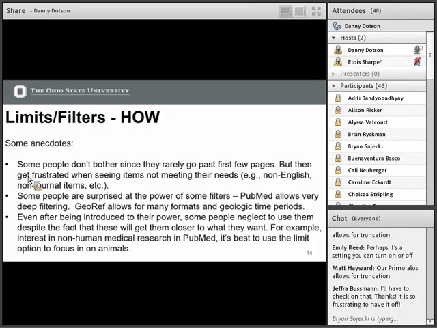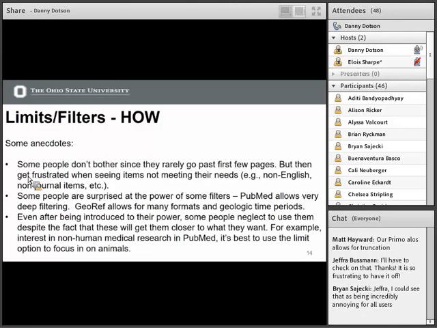So say you're looking at search results in a database that includes things like conference papers or patents or tech reports, and those just happen to float to the top. If you're really wanting journal articles, tell the database you only want journal articles so you don't have to read all that stuff. And I think it's just that people have gotten into the habit because of general search tools like Google.